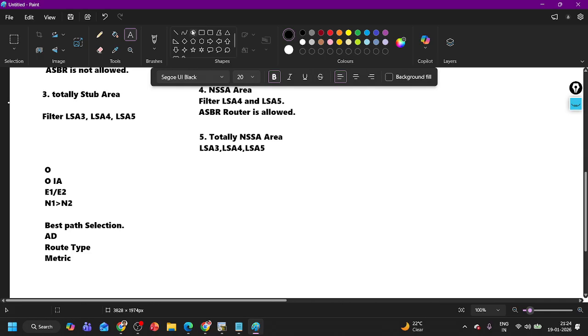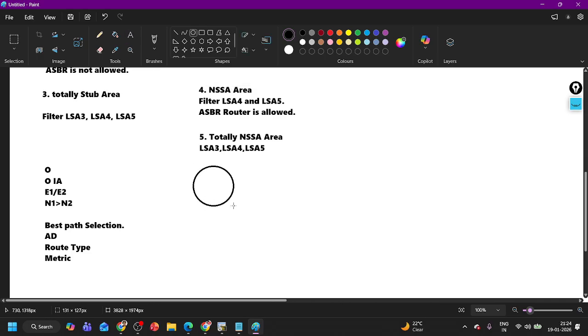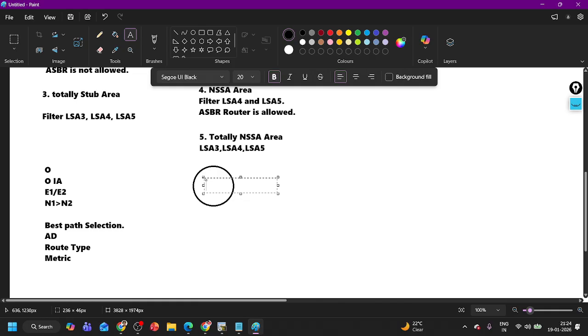Maybe a router is learning the same prefix through a router LSA, LSA1. It is learning 10.1.1.0/24 with metric, let's say, 100. The AD value is the same.